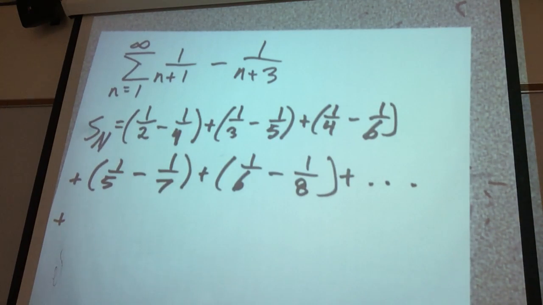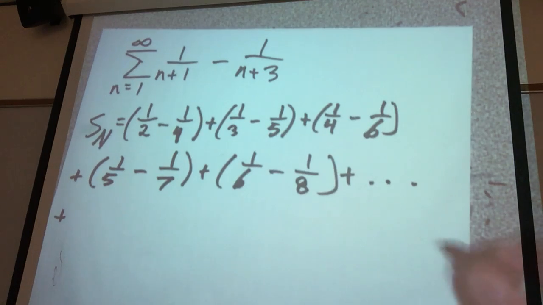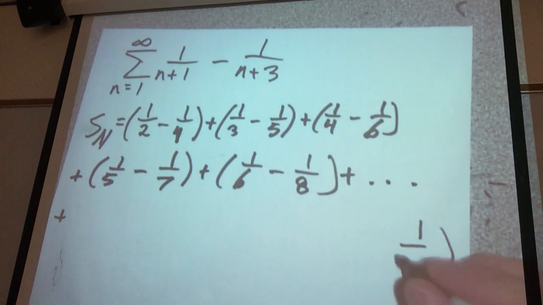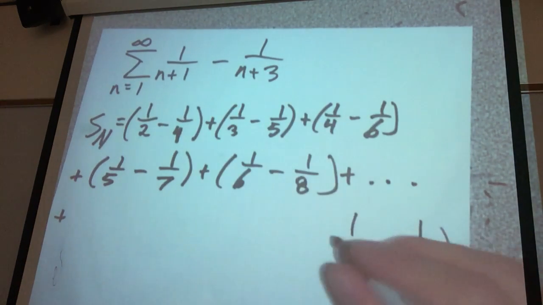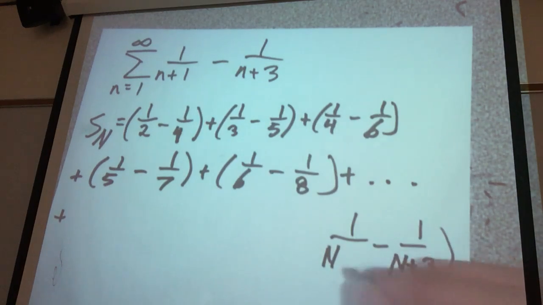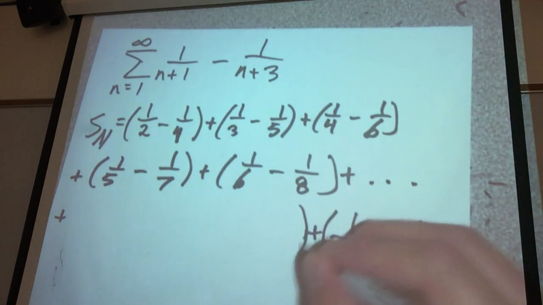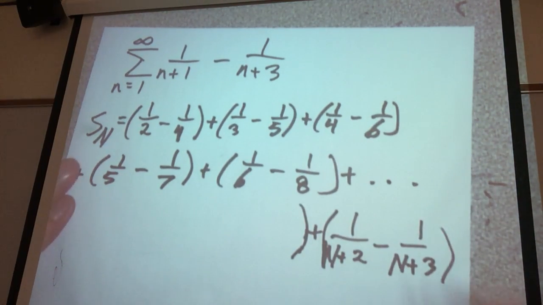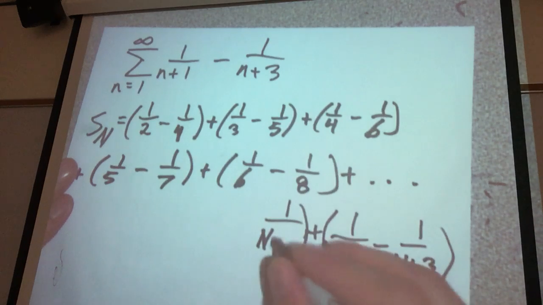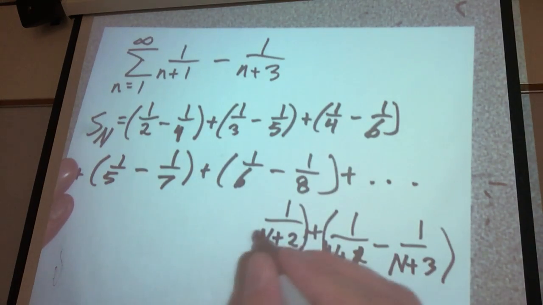Okay, so it's best to start at the end. 1 divided by capital N plus 3, and then minus 1 divided by capital N plus 2. Try to squeeze these in here. All right, plus 1 divided by capital N plus 2.